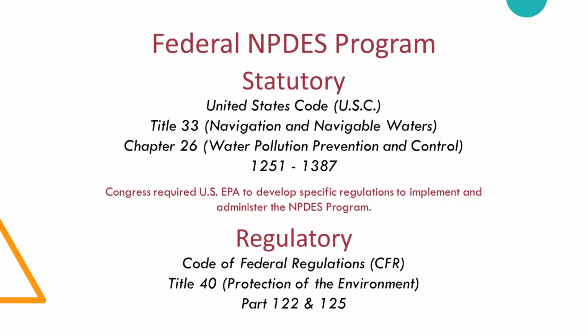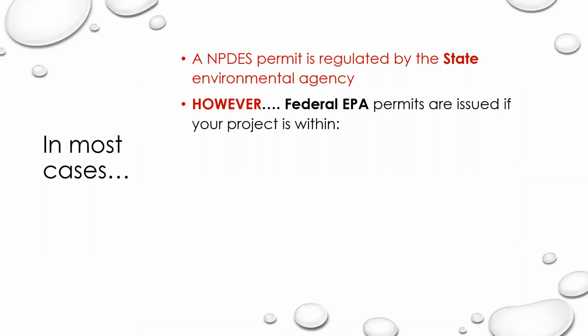At a federal level, our statutory code is the United States Code, which is Title 33, Chapter 26. And the regulations are located in Title 40, Part 122 and 125. For states, in most cases, this is who's going to be actually managing and regulating your NPDES permitting.